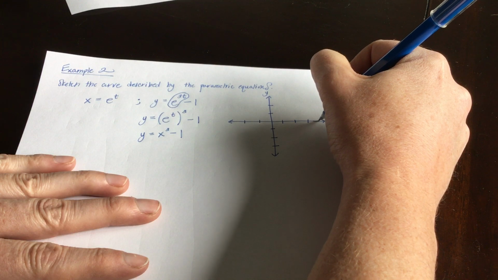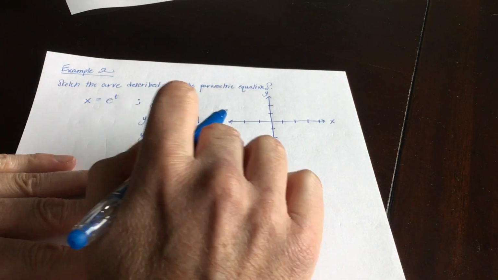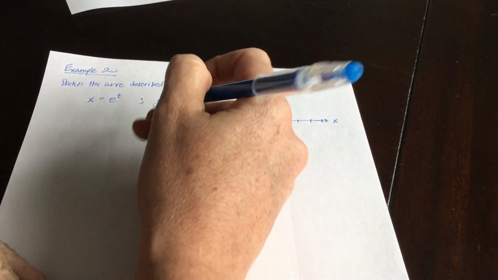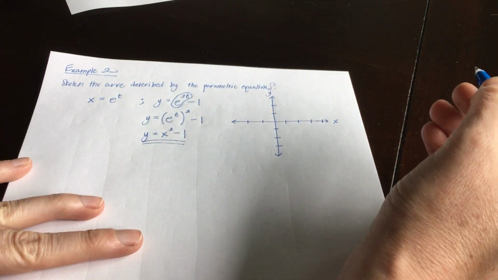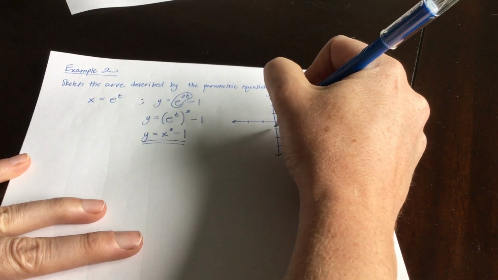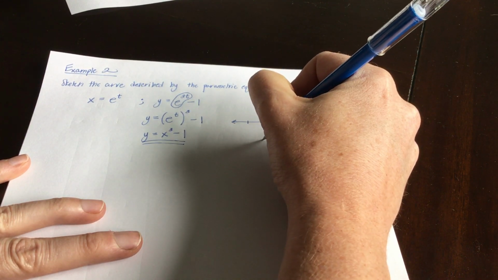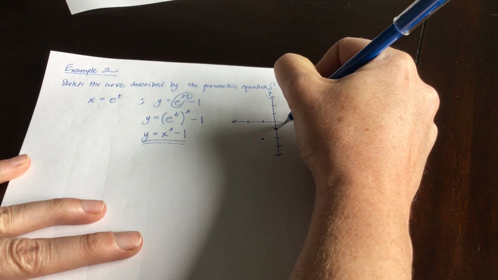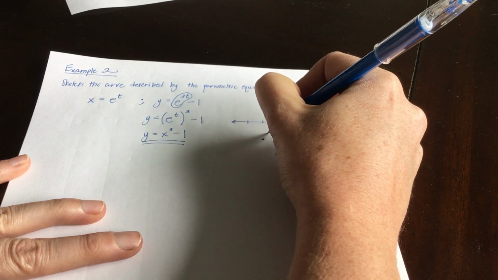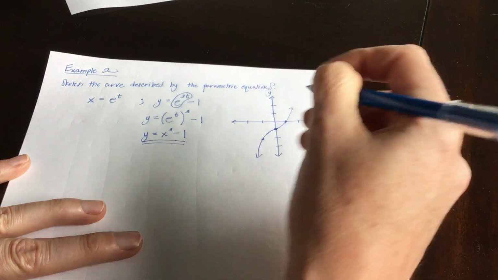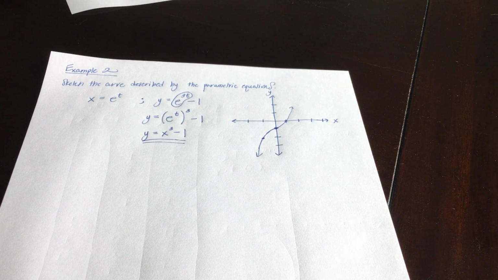You could have eliminated the parameter by isolating t and then using a bunch of algebra. But for this problem, this is what I like best. So x cubed graph shifted down 1. You could just plug in 0, 1, and minus 1 and get pretty far. I'm just going to do these 3 points of accuracy on this problem because I think that we all kind of know how that graph goes.